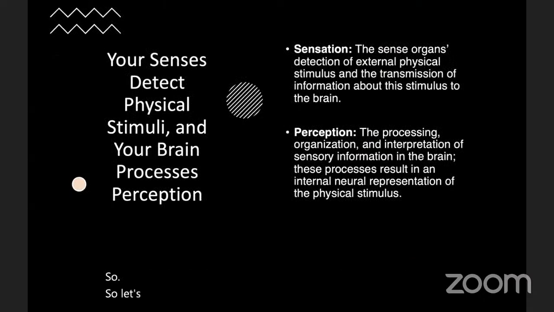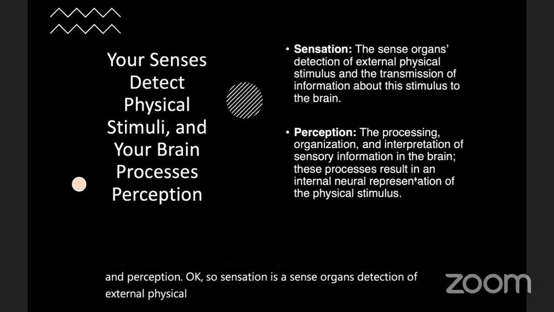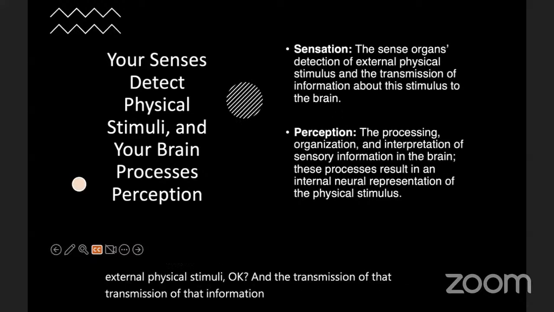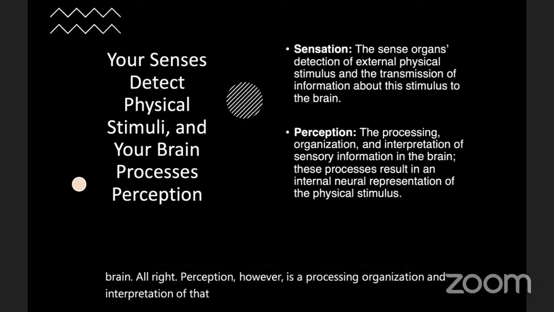So let's real quickly just talk about the two definitions of sensation and perception, okay? So sensation is the sense organ's detection of external physical stimuli, okay? And the transmission of that information about the stimulus to the brain, all right? Perception, however, is the processing, organization, and interpretation of that sensory information in the brain.